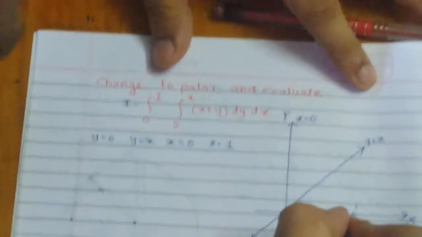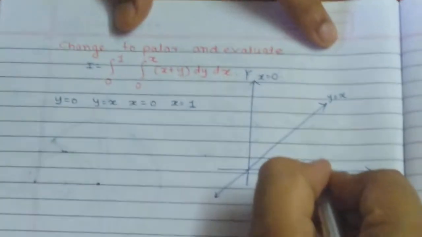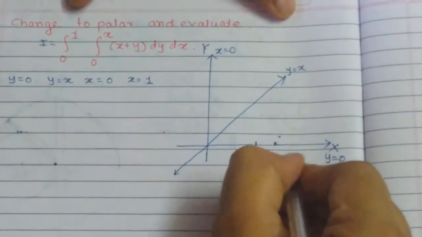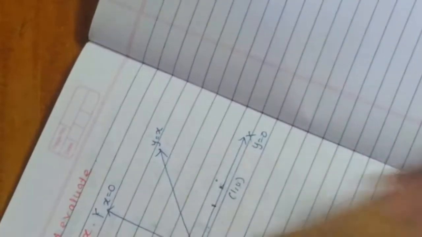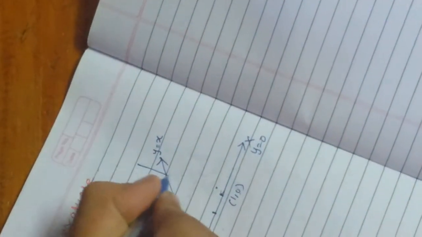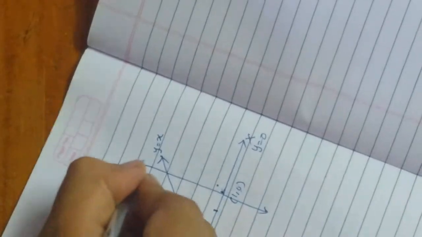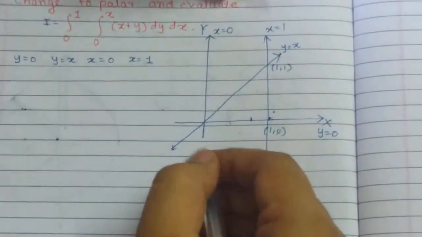Then x is equal to 1 is a line which passes through the point (1, 0) and is parallel to the y-axis. Of course, this point has to be (1, 1).